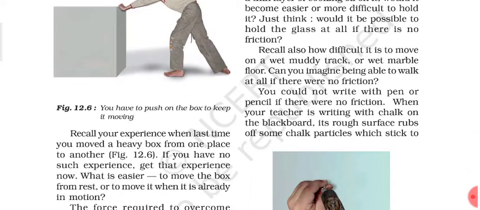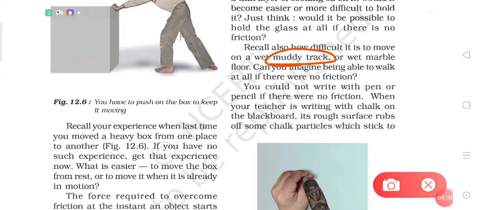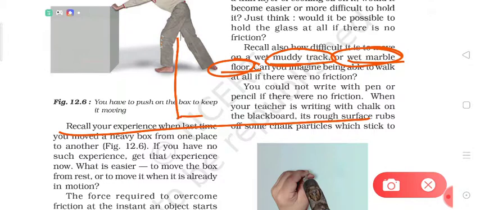In the same way, recall that while you are trying to move on a muddy track, or when you are trying to walk on a wet marble floor, it is very hard to walk over them. Why? Because on a wet marble floor, there is very little friction. What does it show? That to walk on any kind of surface, the friction between the legs and the floor is very important.